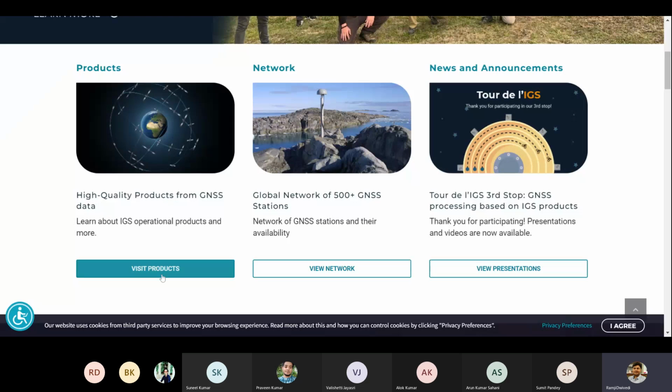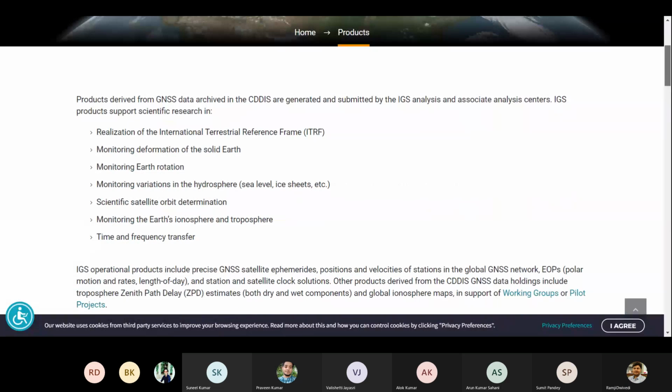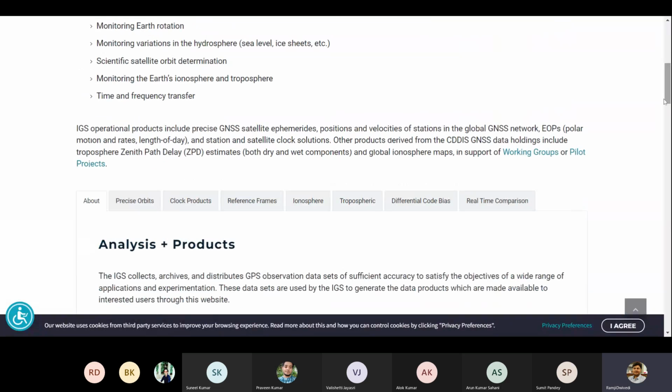So when you go to the so-called products page, you see such kind of products. One by one you could read it.